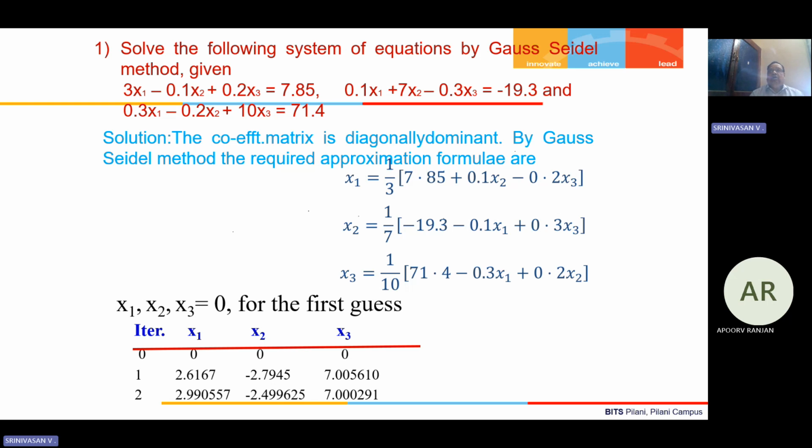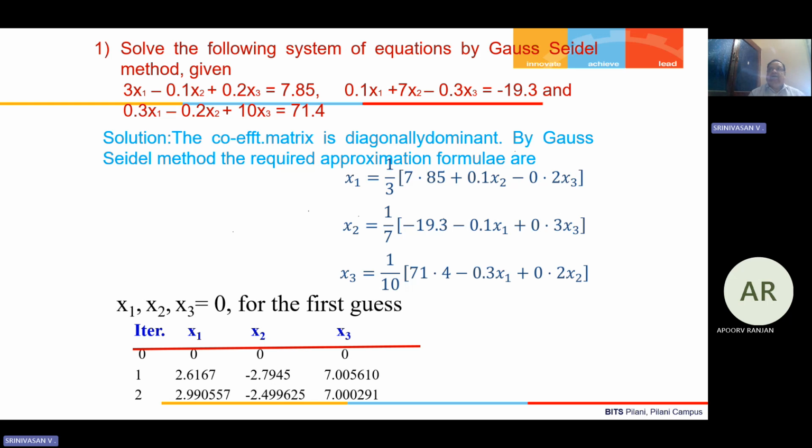So now 1 by 3 into 7.85 plus 0.1 into x2, which is already there, minus 2.7945, minus 0.2 into x3. In the first approximation you had x3 equal to 0, but now you have to take the latest value of x3, which is 7.00561. If you calculate this, you get x1 as 2.990557.